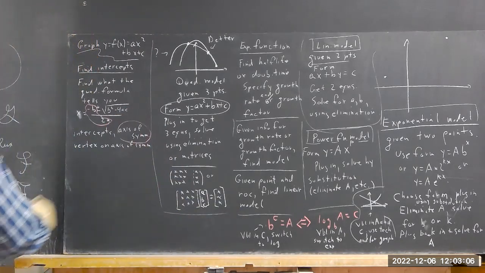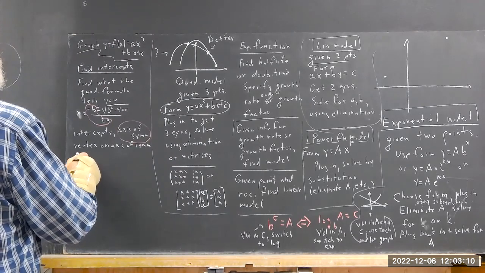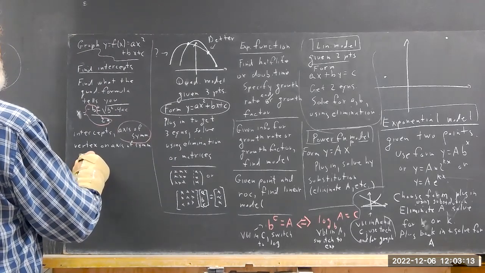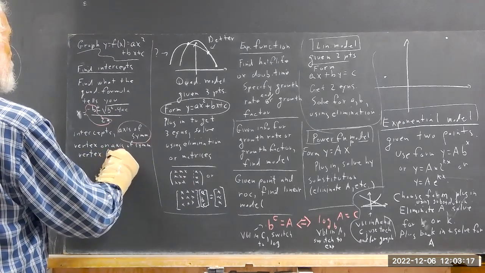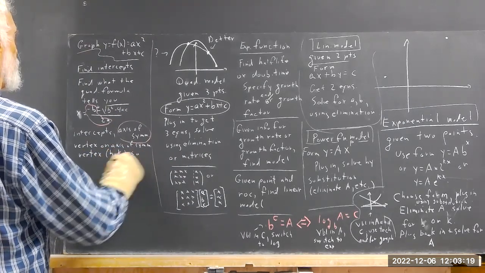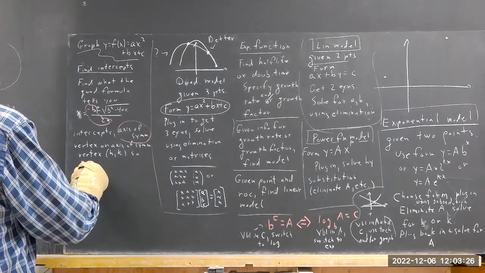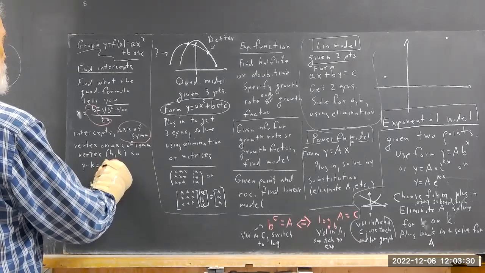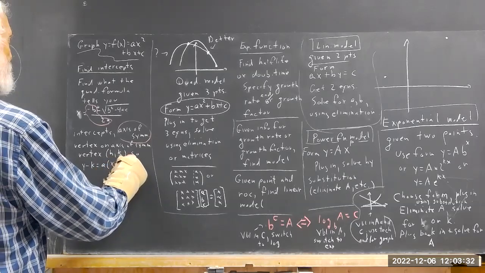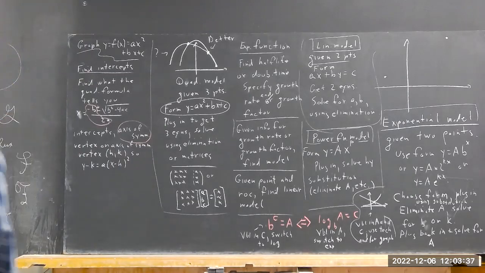So, your vertex is (h, k). So, y minus k equals a times x minus h quantity squared.